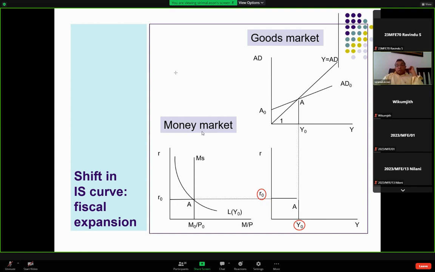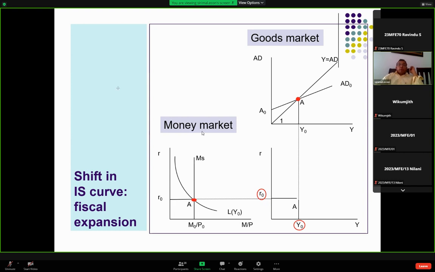So, in both markets, point A here shows that it is the equilibrium point in the output market. And this A here shows that it is equilibrium in the money market.